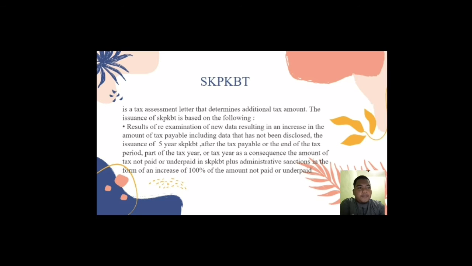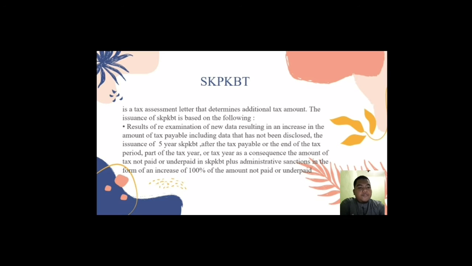Next is SKPKBT. SKPKBT, or Surat Keterangan Pajak Kurang Bayar Tambahan, is a tax assessment letter that determines additional tax amount. The issuance of SKPKBT is based on the following. One is the result of re-examination of new data resulting in an increase in the amount of tax payable, including data that has not been disclosed.